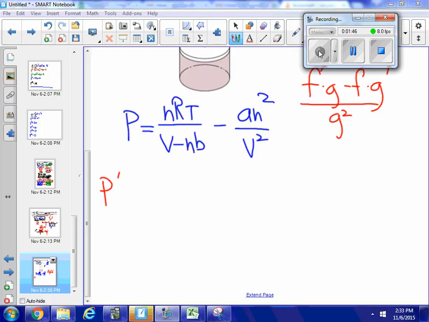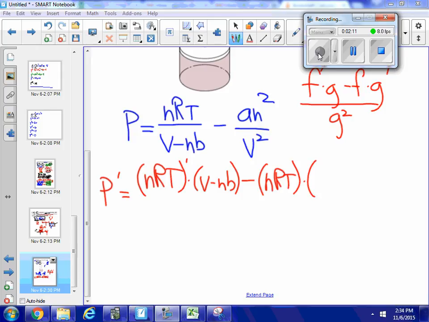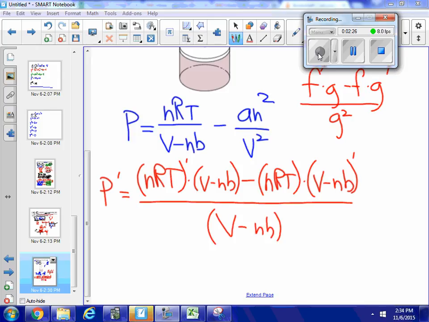So P prime is equal to, well, nRT prime times V minus NB, minus nRT not prime times V minus NB prime, divided by V minus NB squared.